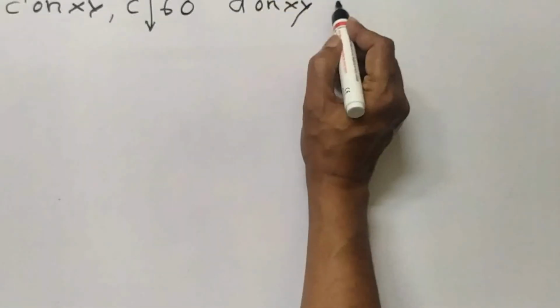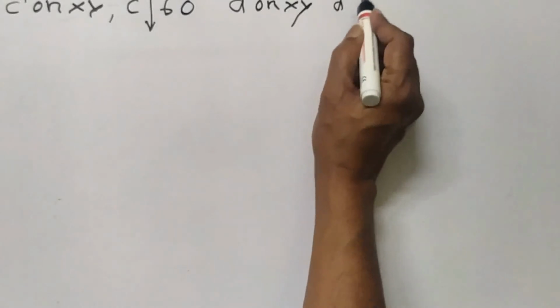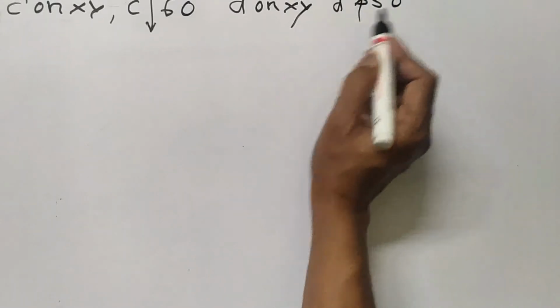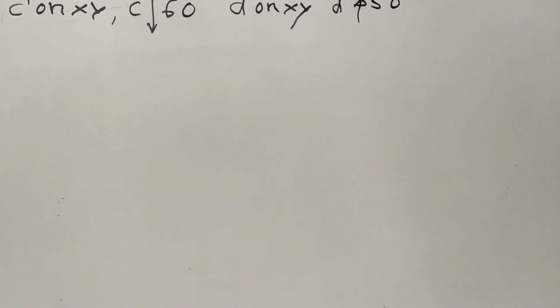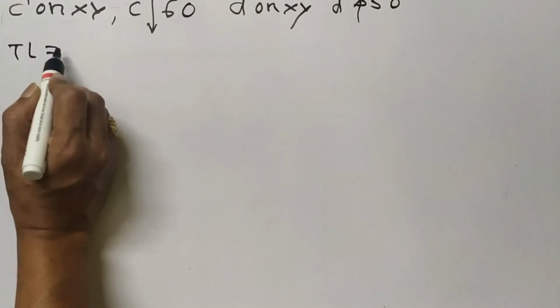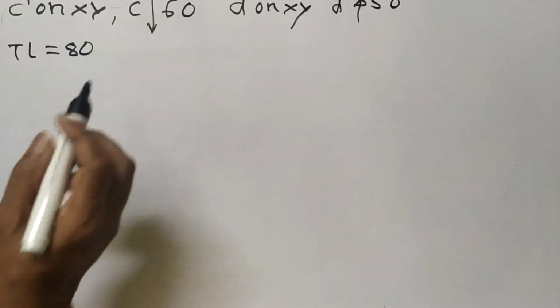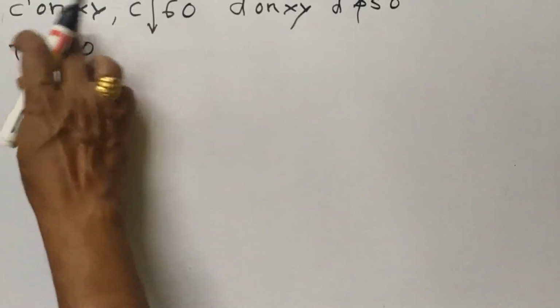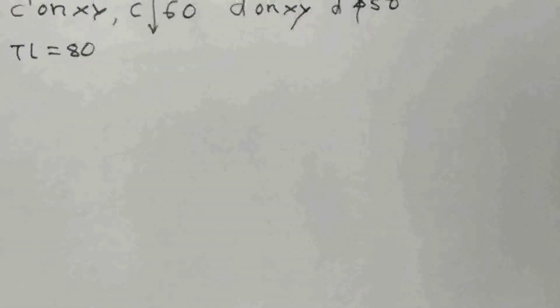D is 50 mm above HP, means D dash is 50 mm above HP. Okay. Line CD measures 80 mm. So true length is given equal to 80 mm. Draw its projections. 1, 2, 3, 4, 5 data is given.